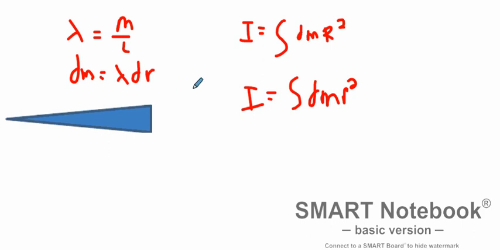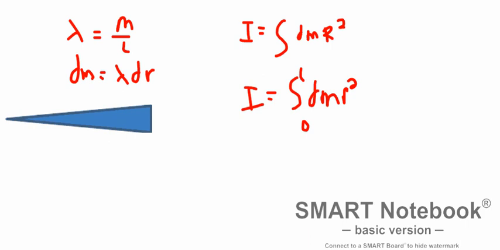But if it's not a function of r, you can just leave it as lambda dr, and then you can integrate this equation. In general, you'll be integrating from 0 to L, and you'll be left with something to the third power, but one of your L's will divide out, and you'll have something times L squared. We've been through quite a few examples of those. So that is our moment of inertia.